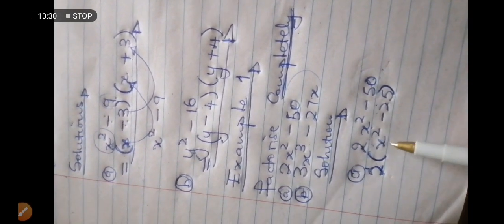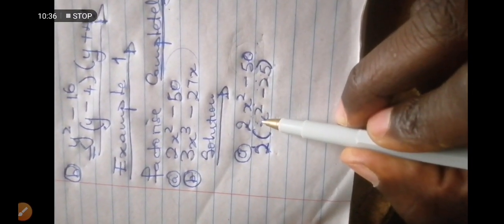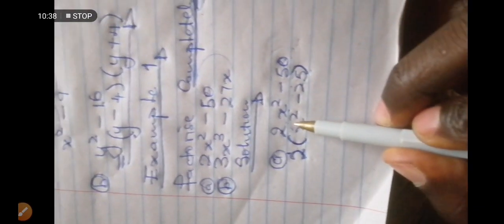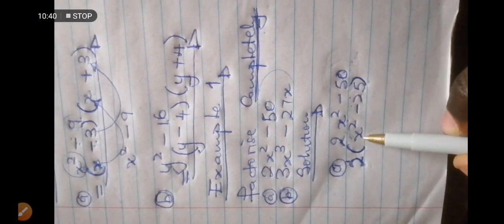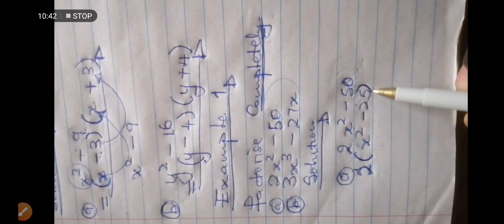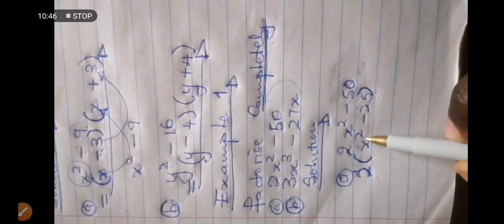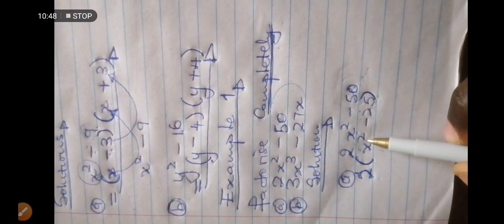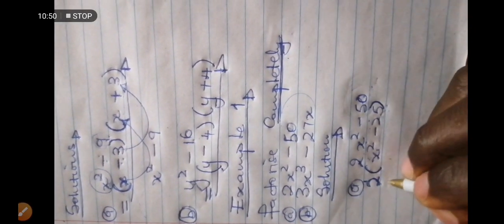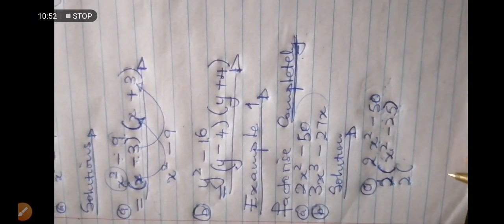Let us check inside the bracket now. There is something interesting inside the bracket. As you can see inside the bracket, this is the difference of two squares, which means the question inside the bracket is not complete. You must complete it. This is difference of two squares. So you write it like this: 2, then you open a bracket.